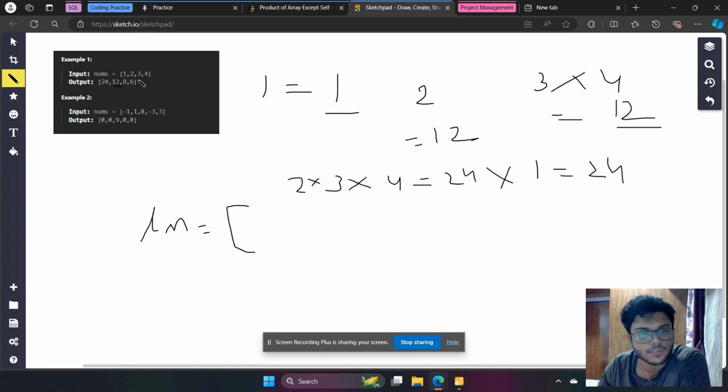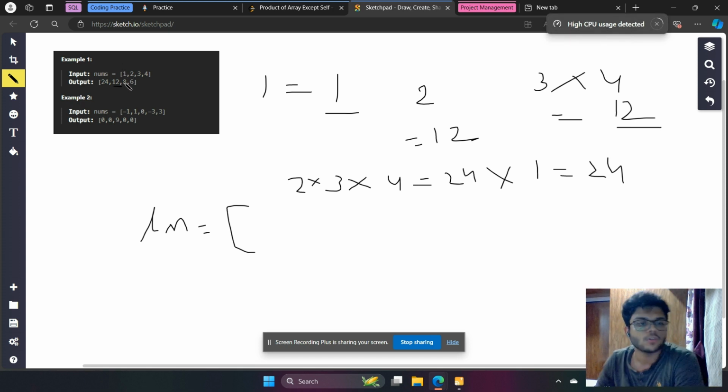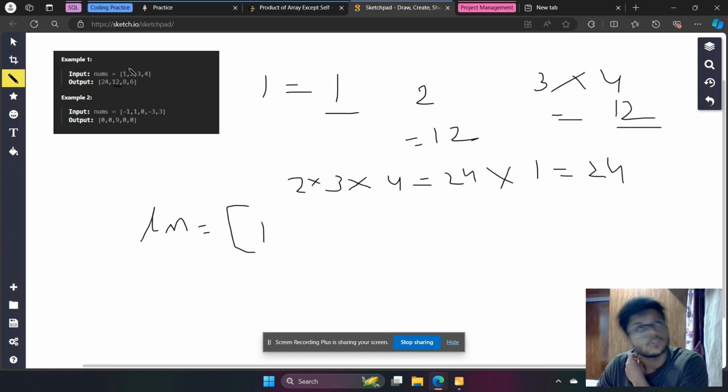The first position will always have 1. The second position will have the previous stored number times the previous number, so 1 times 1 would be 1 here. For 3, we have 1 times 2, so we have 2 here. And for 4, we have 2 times 3, which is 6.